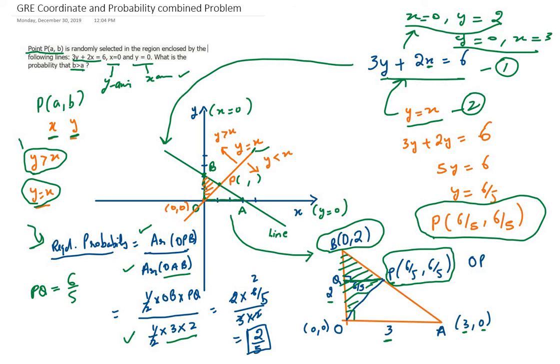This is quite clear because the x coordinate of P is the perpendicular distance from the y-axis. I use the same formula, half into OB into PQ. I already know the length of OB is 2, so the half got cancelled. In place of OB I put 2, PQ is 6 by 5. On simplifying, I got the value 2 by 5, which is the required probability.